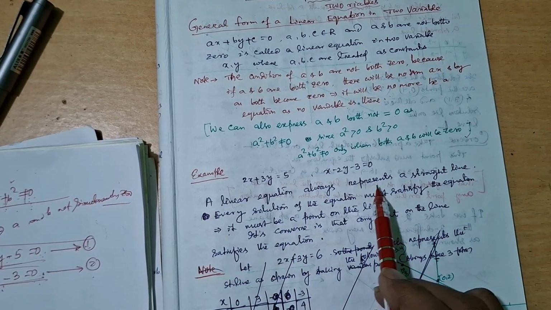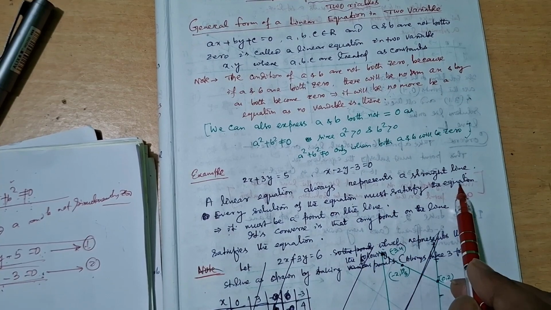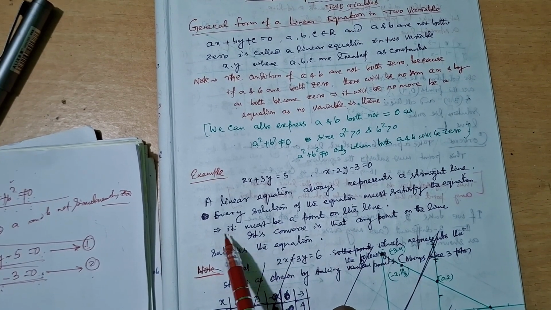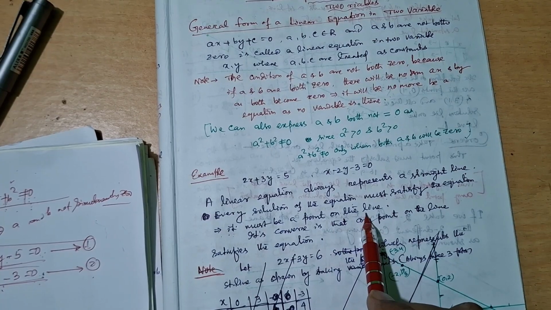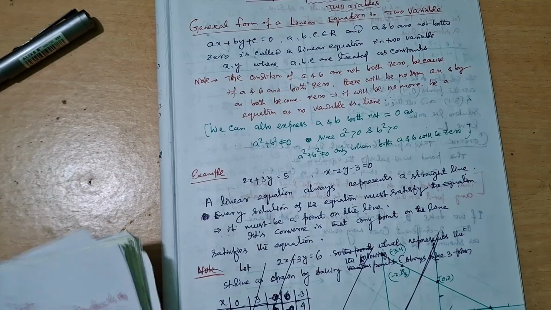A linear equation always represents a straight line. Every solution of the equation must satisfy the equation. Every solution implies it must be a point on the line.